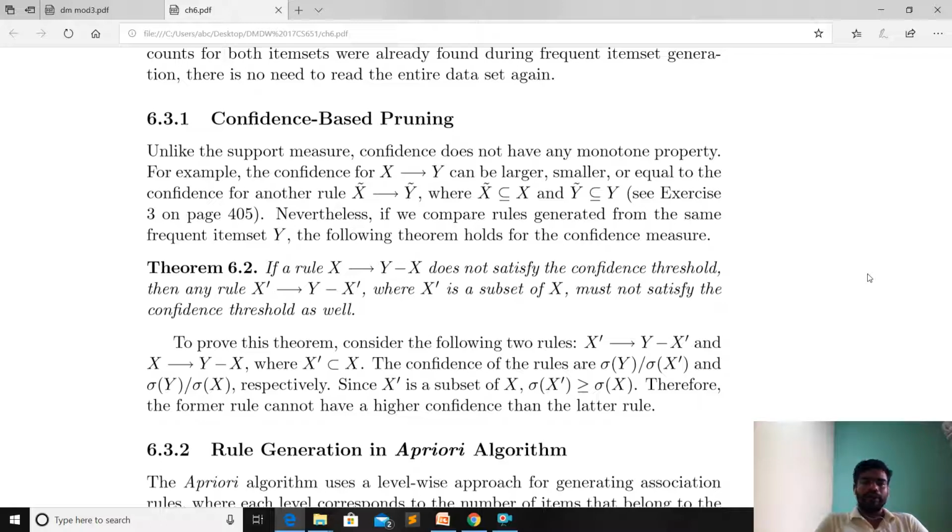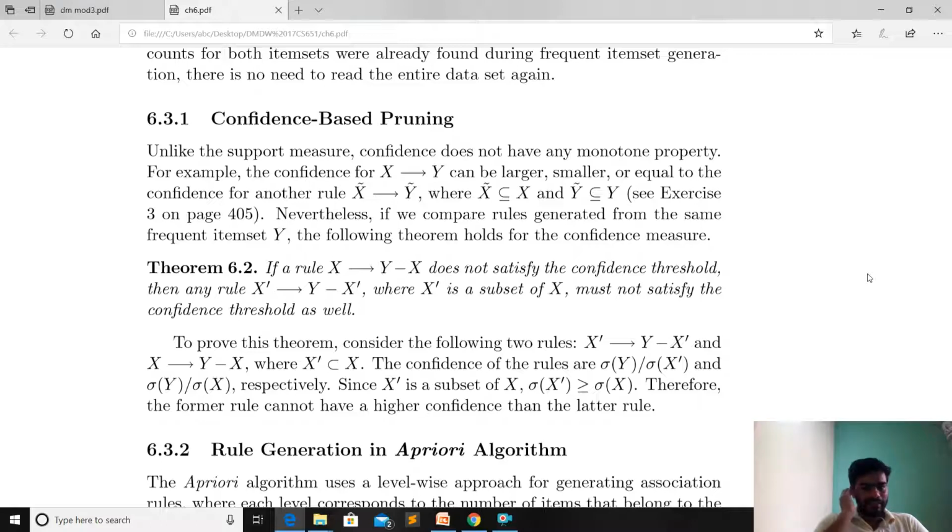So, the confidence-based pruning theorem says, if X implies Y minus X does not satisfy the confidence threshold, then X' implies Y minus X' also does not satisfy the confidence threshold.